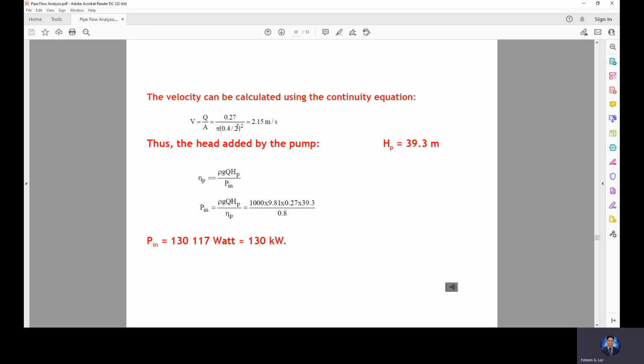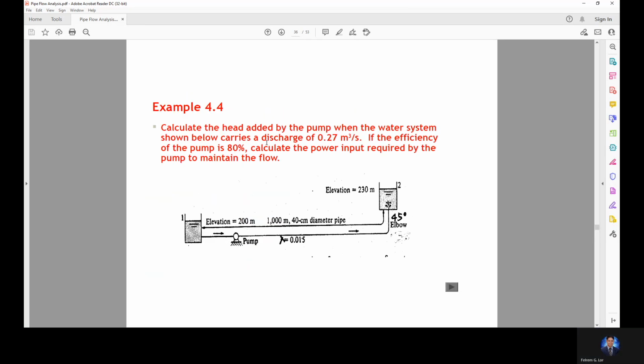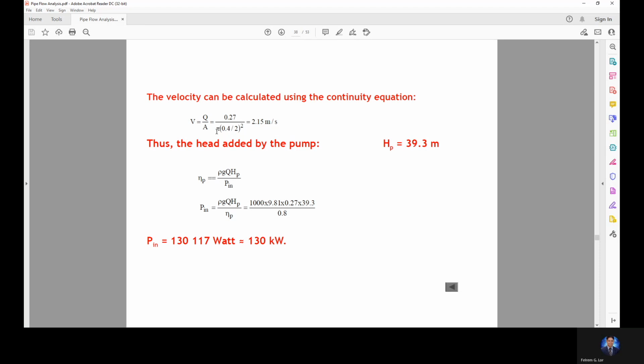Velocity of the pipe, actually. That's the velocity of the pipe. So the discharge is 0.27 divided by its area through its diameter nga 40 cm. So we have a velocity of 2.15 meters per second. So with that, we can solve for the head added by the pump as 39.3 meters. Okay? So we already have 39.3 meters.